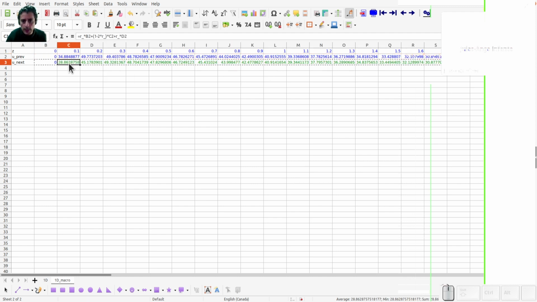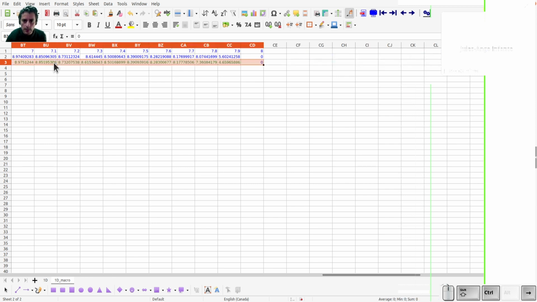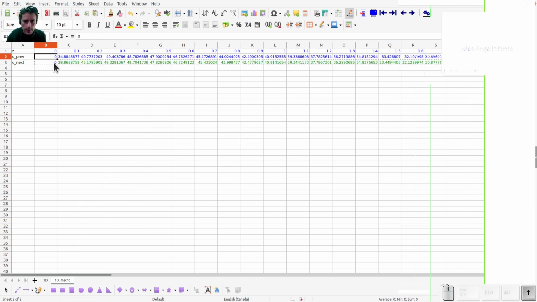Then automatically this row here recalculates. So I paste again, paste special values, bang.